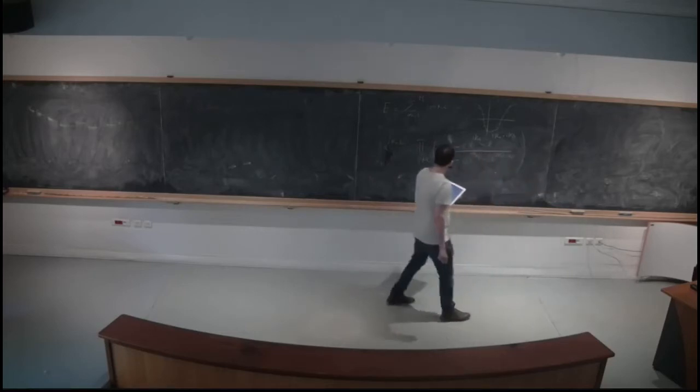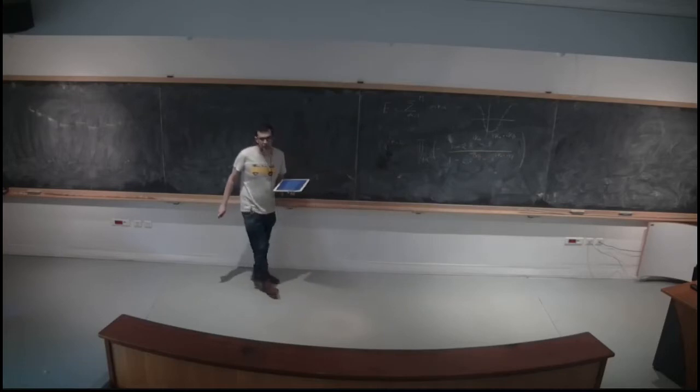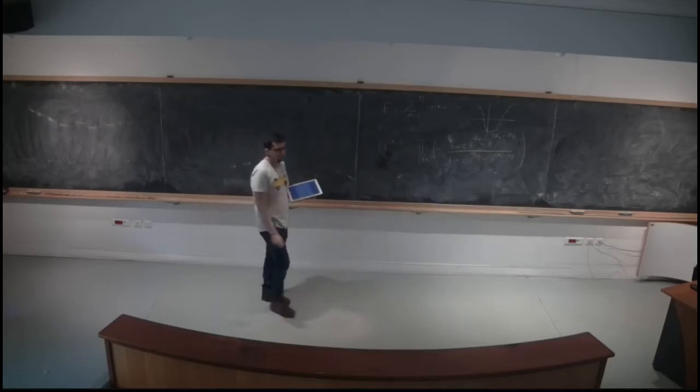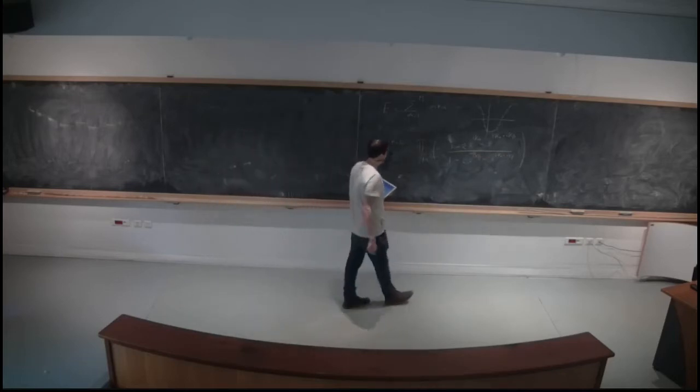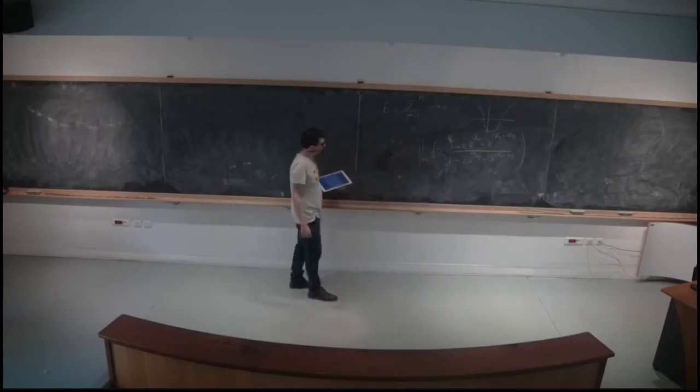So I was saying today that you get this. So if you want to construct the eigenstates of the XXZ chain, you have to solve this very nasty set of nonlinear coupled equations.